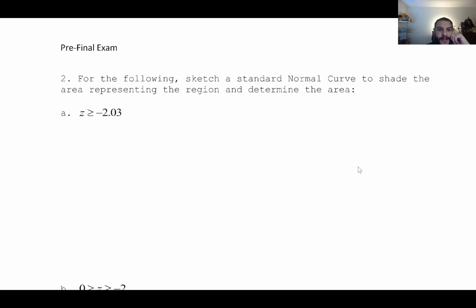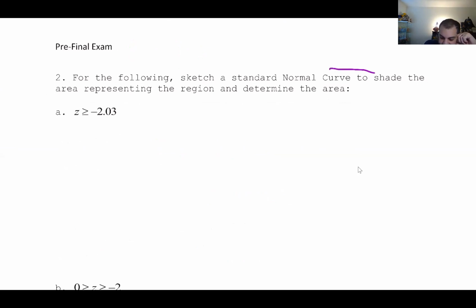For number 2, it says, for the following, sketch a standard normal curve to shade the area representing the region and determine the area. So we want to sketch it, but we also want to find the area.